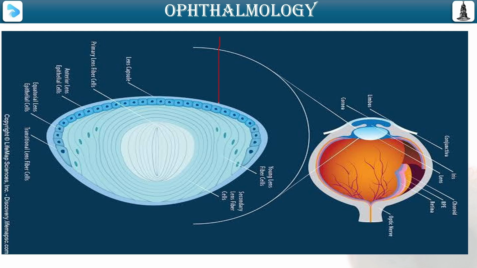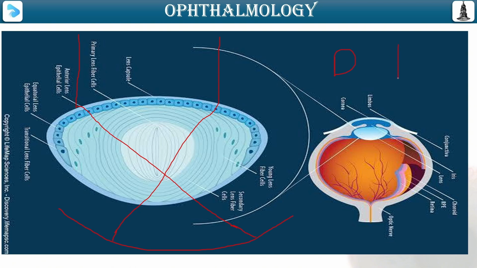When it meets the lens, the lens refracts the light like that. And here lies the retina, so the light hits the retina here. So the lens is a refractive media. The refractive power in general is measured by a unit called the diopter.